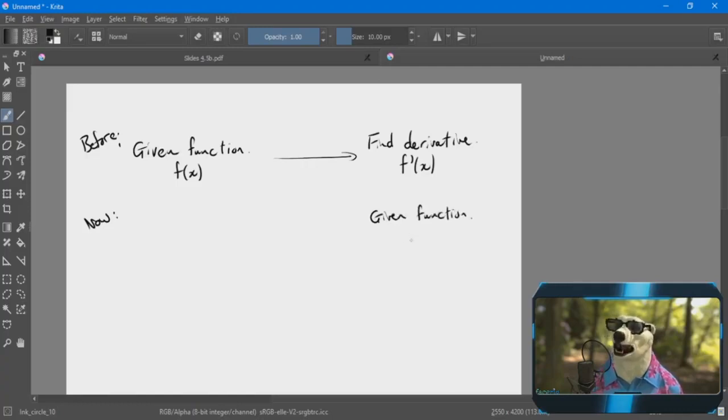That function is going to be the answer to the derivative question. So let's call it big F prime of x, just to change the name. Doesn't really matter what you call it. We're given some function. And then we're going to ask, what was the original function?